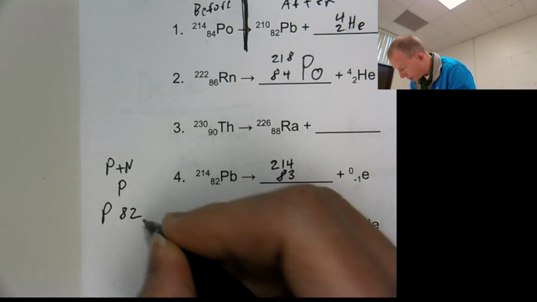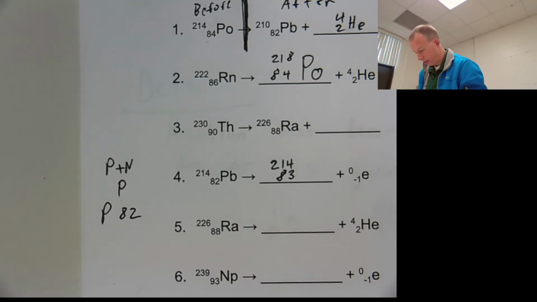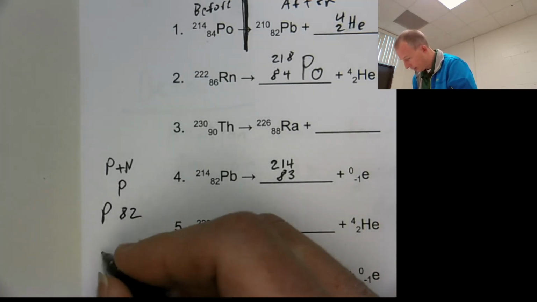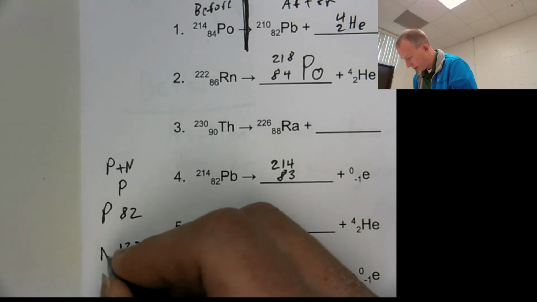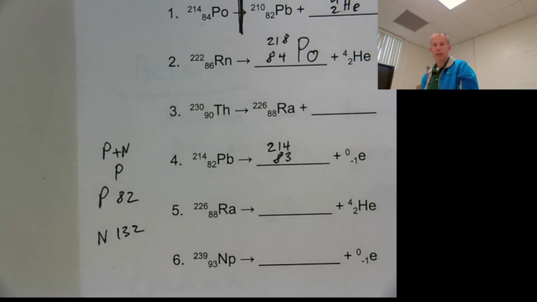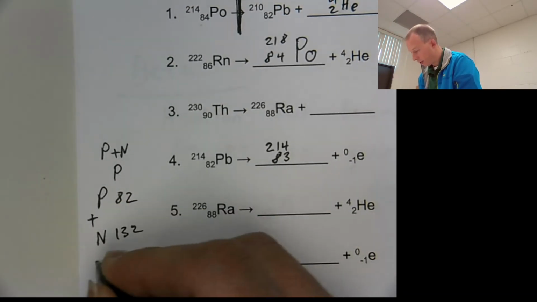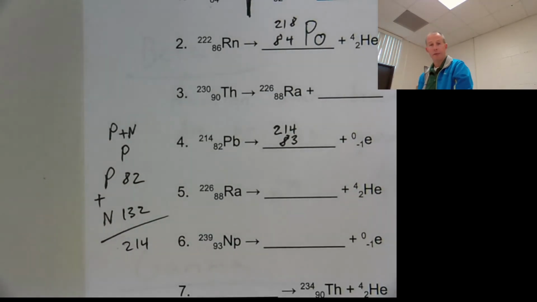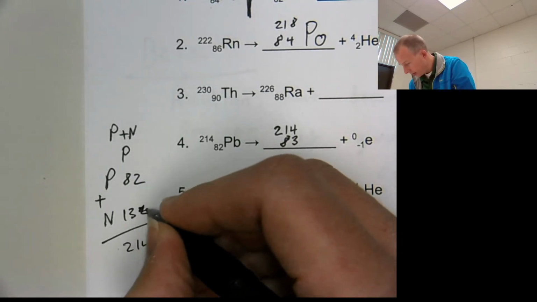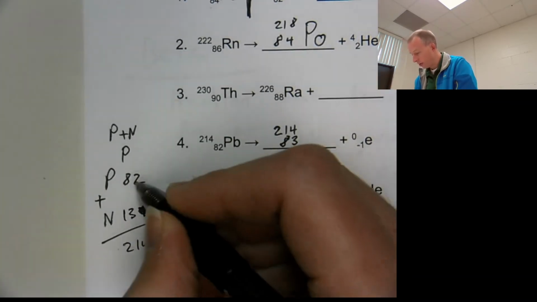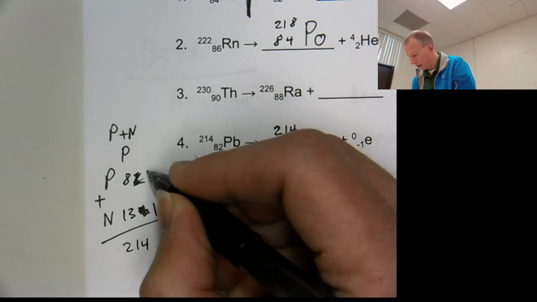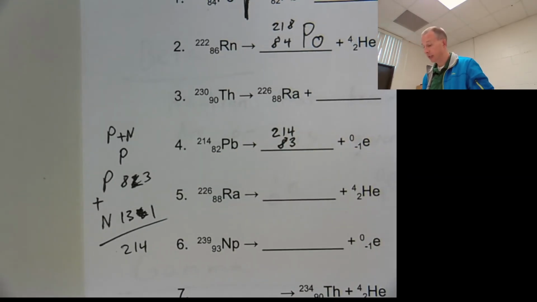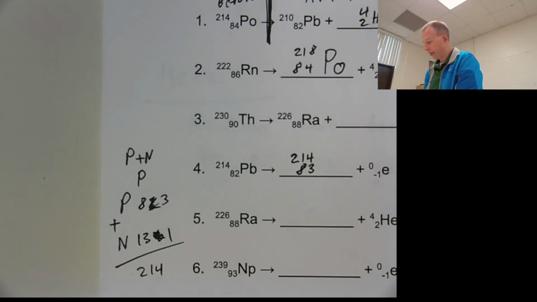So we had 82 protons, then 214 minus 82 gives us 132 neutrons. All right, so that adds up to 214. Cool. Now, if I change this to 131 and I change this to 83, what does it still add up to? 214, which means it does not change.